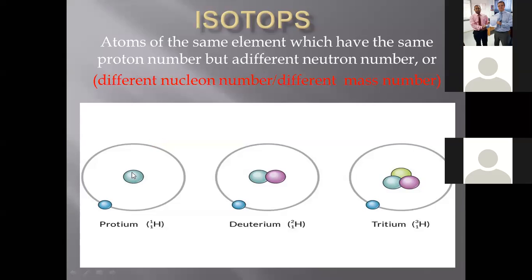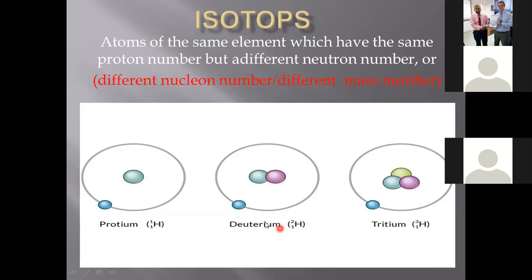If I ask you about H-1, which is called protium, what is the nucleon number? When I ask you about the nucleon number, you have to add the number of protons plus the number of neutrons. Here there is no neutron, so the nucleon number is 1.